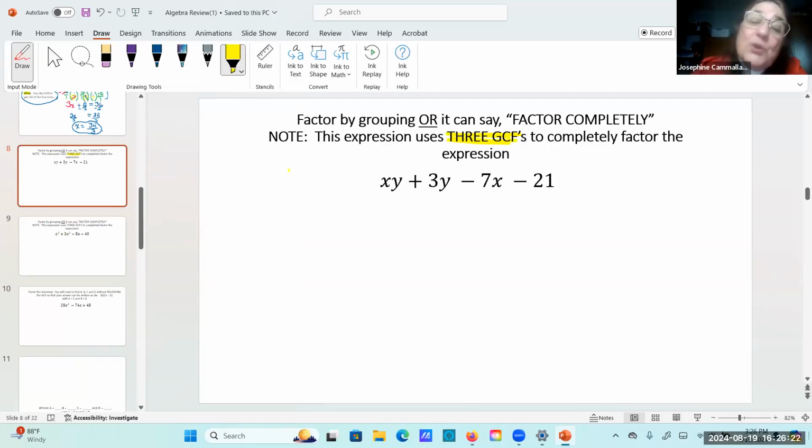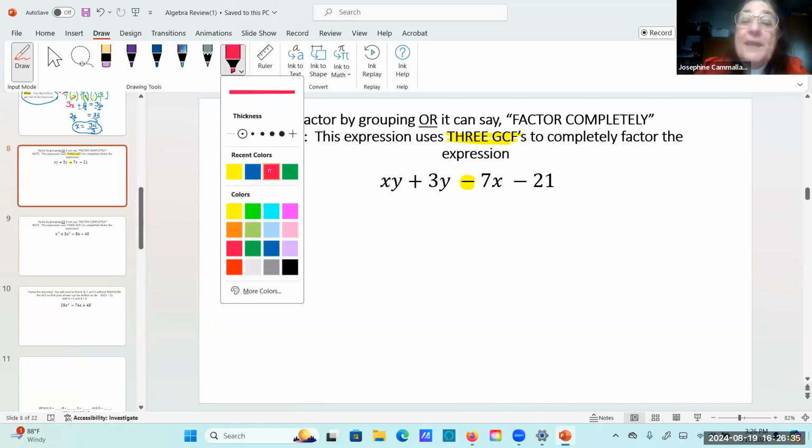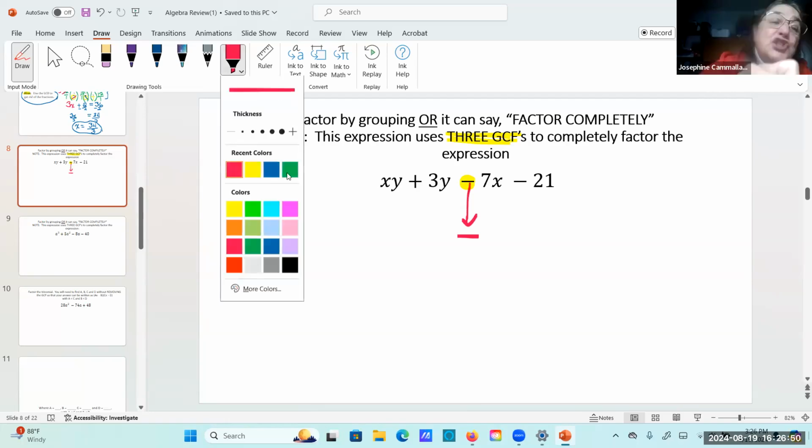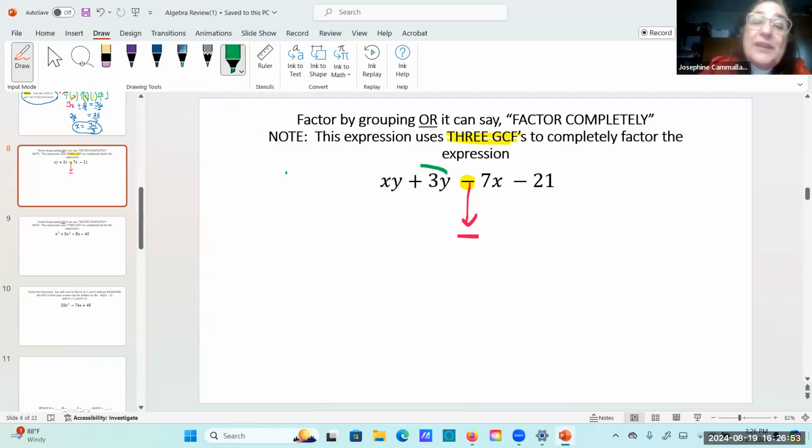Now, also, this little negative in the middle is crucial. And you will see why. This negative has got to come down. Whatever that sign is, it's got to come down. Now, your first GCF comes from these 2 terms. What is in common?